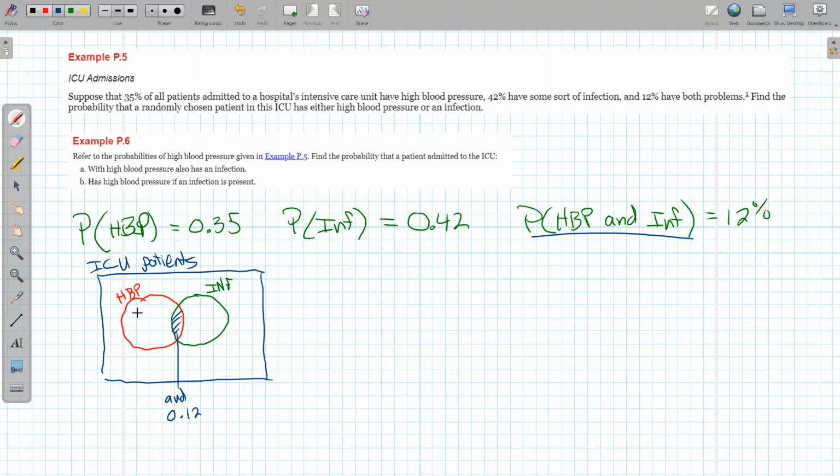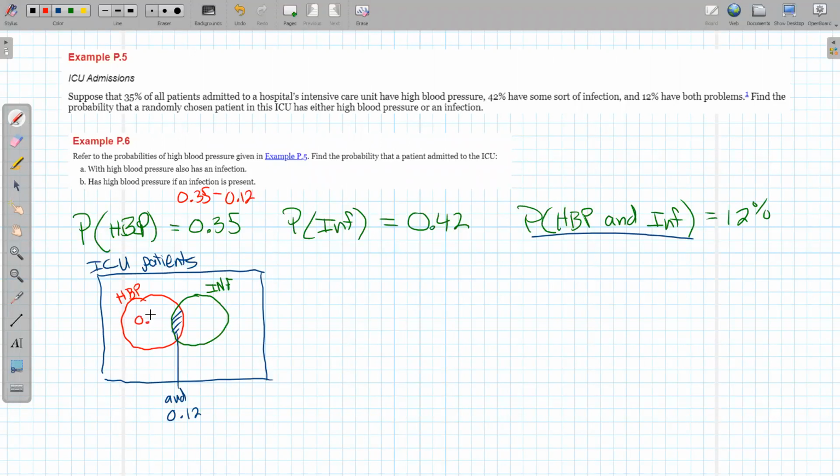Now, there's some patients over here who have high blood pressure, but they don't have an infection. This 35% here accounts for that 12%. So that 12% is part of this 35. If I wanted to segregate these out a little bit, then if I take that 35% and subtract the 12% from it, what's that going to give me? 23%.